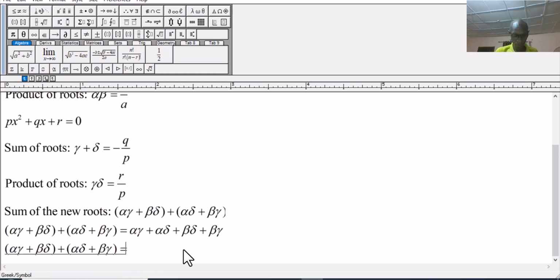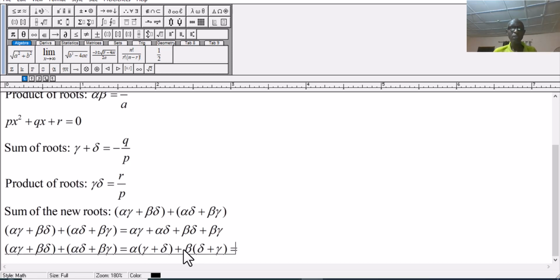So we now have alpha into bracket gamma plus delta, plus beta into bracket delta plus gamma. If you look at the brackets, let's arrange it properly.